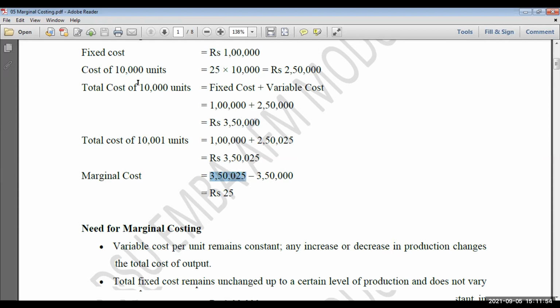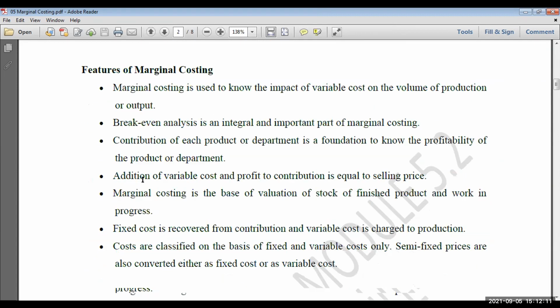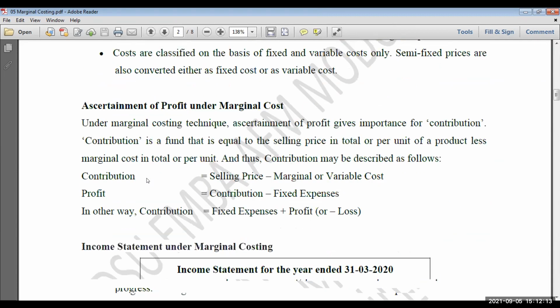If I have produced only 10,000 units, I might have spent only 3,50,000. So the increase in the cost is 25 rupees. That increase is called marginal cost. Any doubt in the understanding of marginal cost? No, sir. Looks good. Okay.